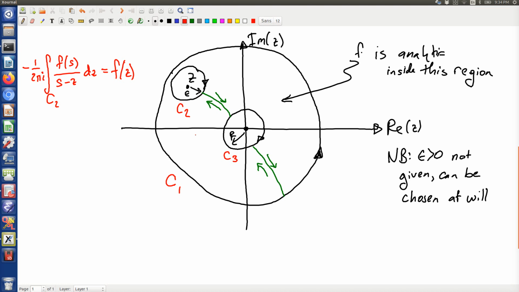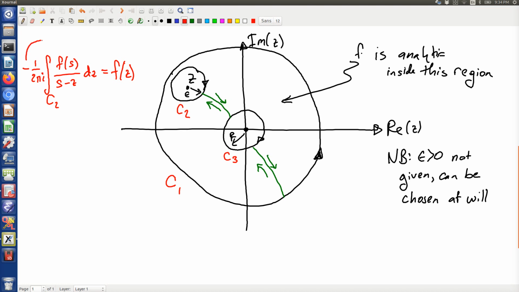The minus sign is because of the oriented clockwise situation. Okay, so that's something we know, and actually this tells us the integrand we'd like to use. If you notice, this integrand that I've written, in particular f(s) over z minus s, is analytic everywhere except for one spot, that being where z is.